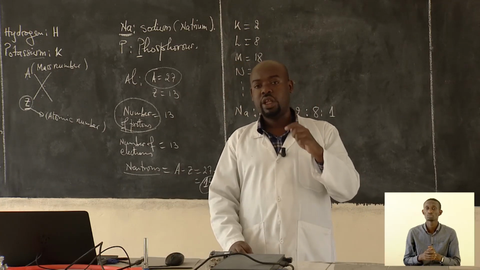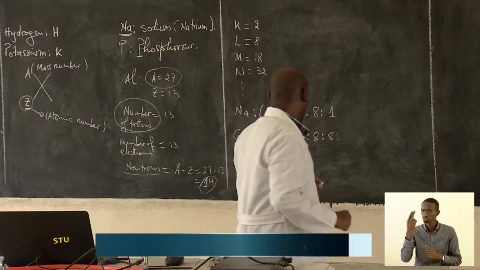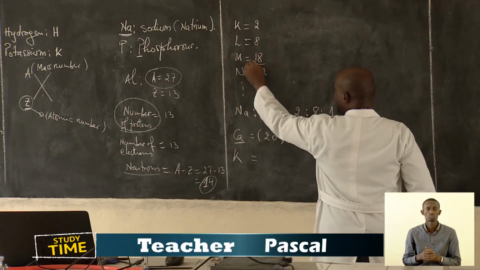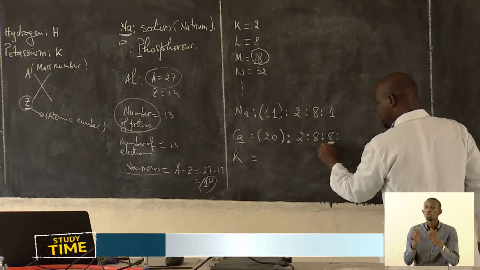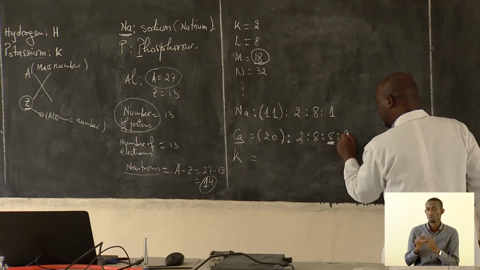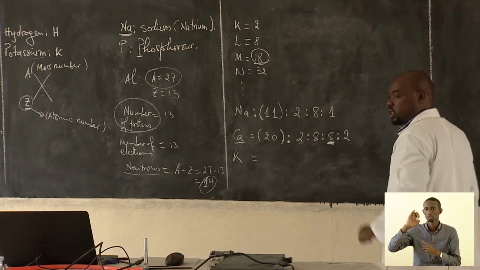We have to make sure that we put 2 electrons in the fourth energy level. And because of that, in the third energy level, we are not going to have 18 electrons. Instead, we get 8, and then the remaining electrons will go in the fourth energy level. Now we have 20 electrons.